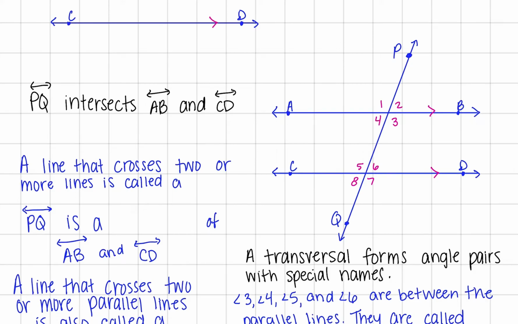It's crossing our 2 parallel lines, so we call this a transversal. So PQ is a transversal of AB and CD.